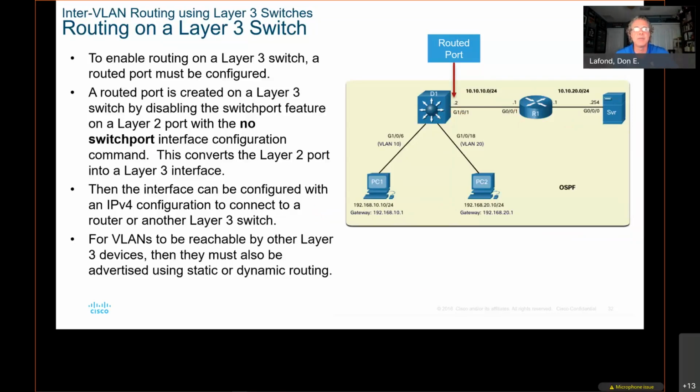For VLANs to be reachable by other layer 3 devices, they must also be advertised using static and dynamic routing. Now, they are going to talk about OSPF here in a moment. OSPF is what you spend all of Cisco 3 working on. I want you to realize in Cisco 2, they just give you the commands to understand the commands.